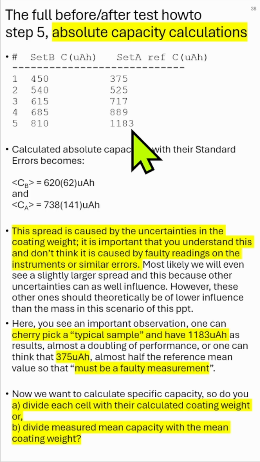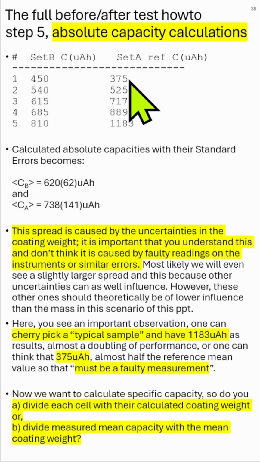So that means if we only publish one result, we choose 1183, and then we think that these other values, especially the top one here in the modified set that says 375, that is less than all the values in that reference set, right? All the values in the B set are higher.